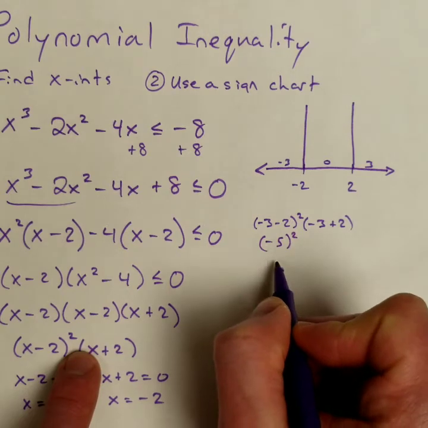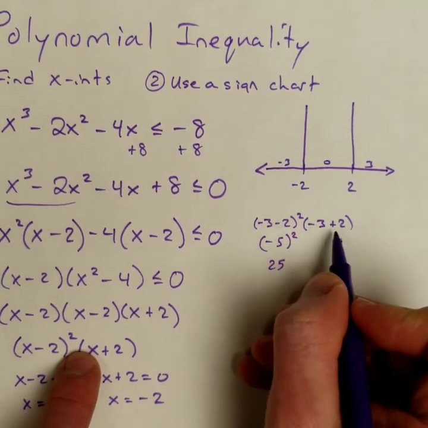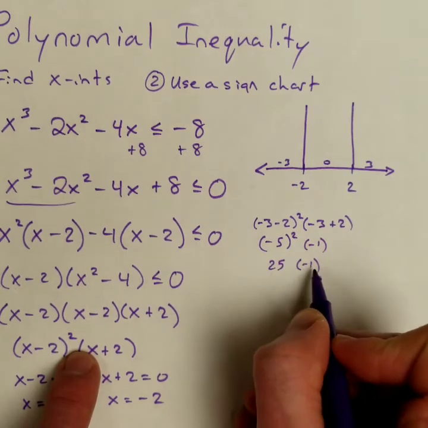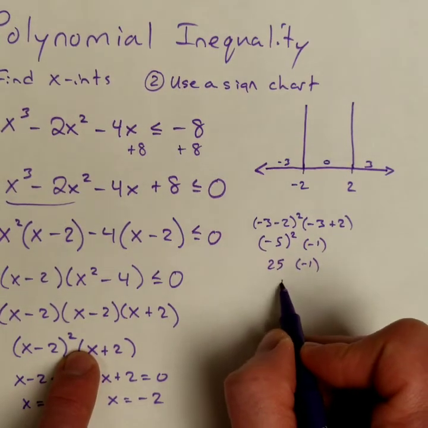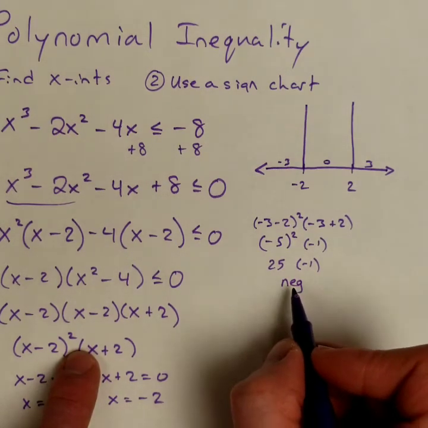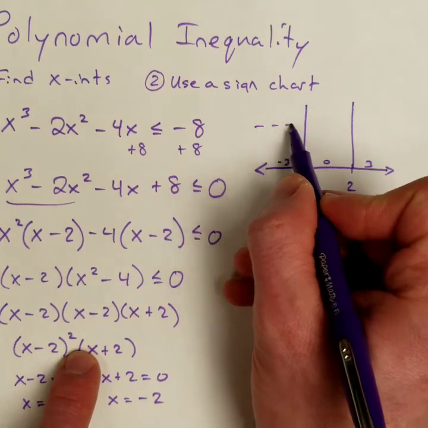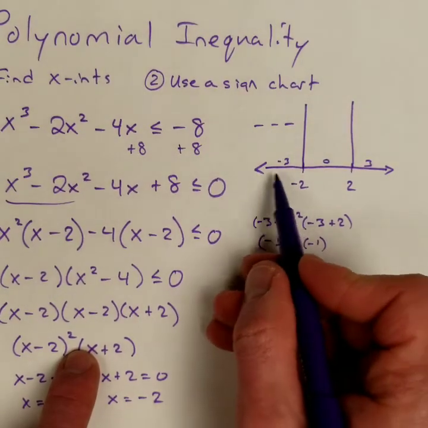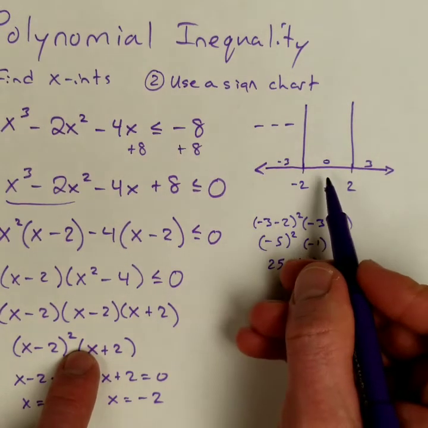When I square it, I'm going to get positive 25. Here I'm going to get a negative 1, and positive 25 times negative 1. Really, all I need to know is that the answer is negative here. And so a negative answer gives us all negative outputs from negative infinity to negative 2, this entire region.